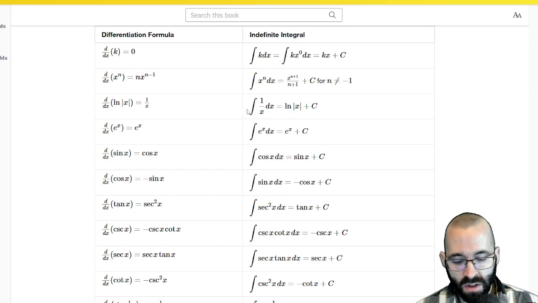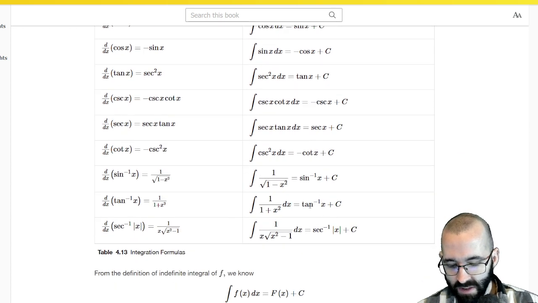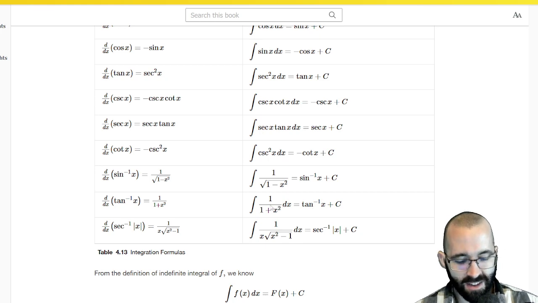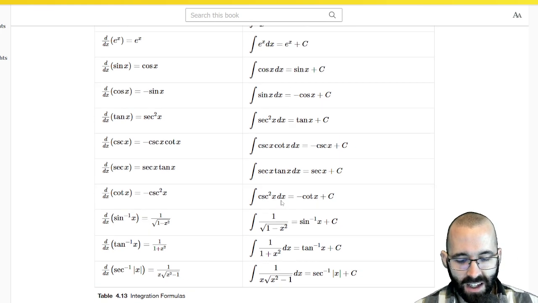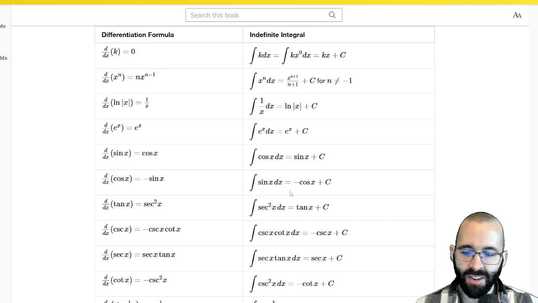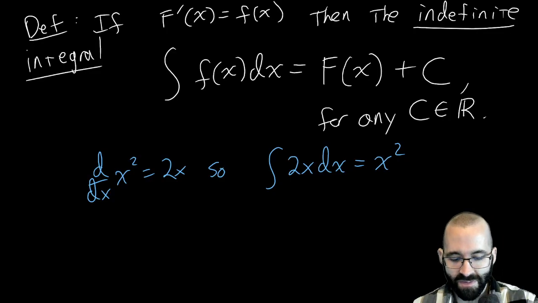But the most important are the power rule, which I will write down, exponentials, and our basic trig, these 6 right here. Everything else, remember the derivative of inverse tangent was 1 over 1 plus x squared. This one will pop up too, but we have a lot of formulas. I'm not going to write them all down. You have all of these in one form, just a new form over here.